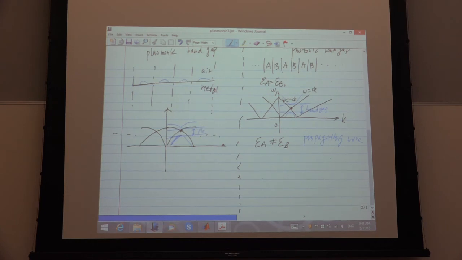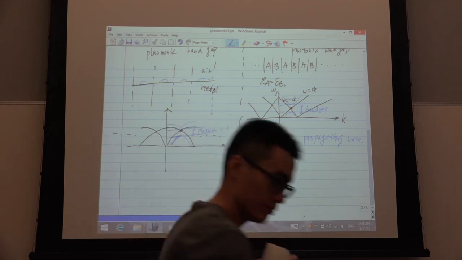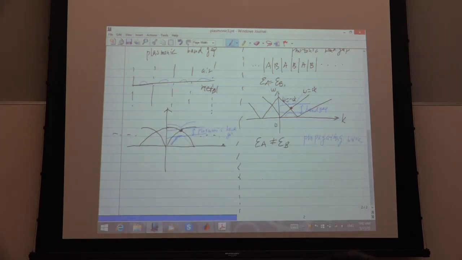The physical origin of this plasmonic band gap is different from a photonic crystal. Because in a photonic crystal, it is destructive and constructive interference between the propagating waves.